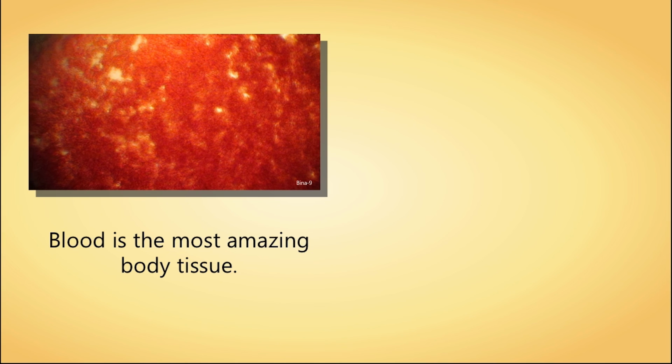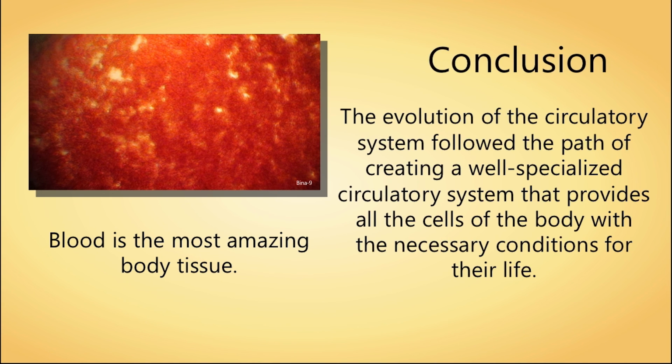Blood is the most amazing body tissue. Blood mobility is the most important condition for the body's life, just as it is impossible to imagine a state without transport lines of communication, so it's difficult to imagine the life of an animal without the movement of blood through the vessels, when oxygen, water, and nutrients are carried to all organs and tissues.